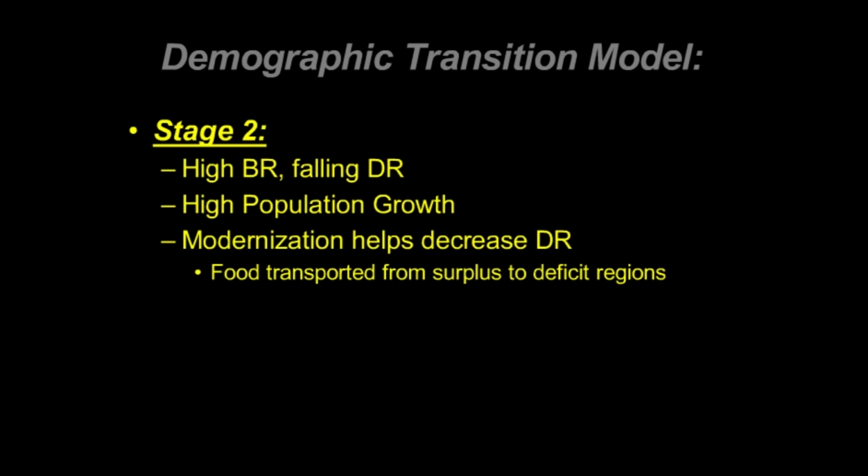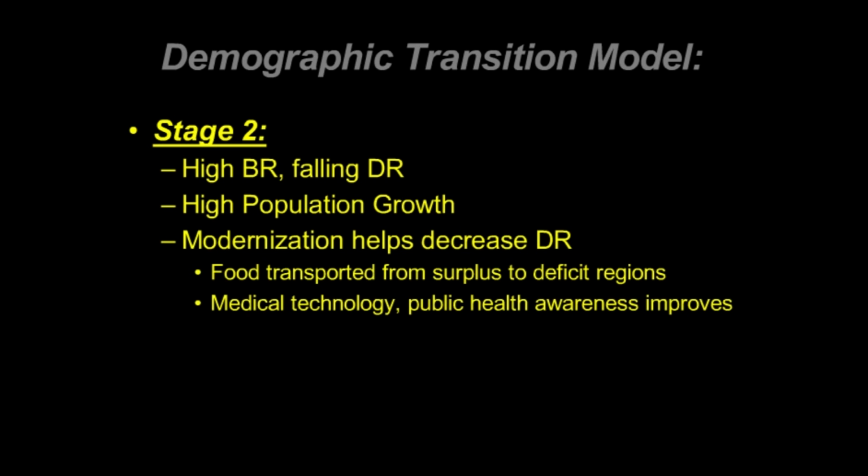The idea of starvation or famine hitting an area is less likely now that you have better transportation and communication flows that can help areas going through a drought or a period of deficit get a supply of agriculture, whatever. Other ideas: advancements in medical technology.